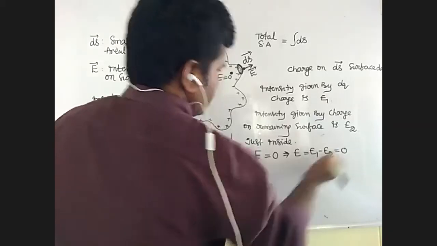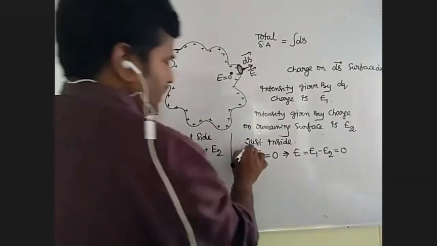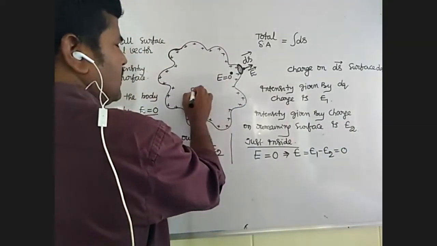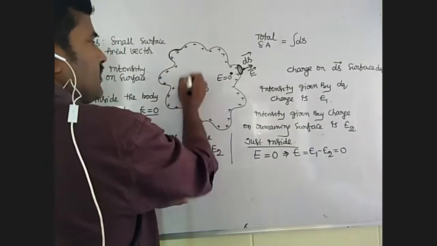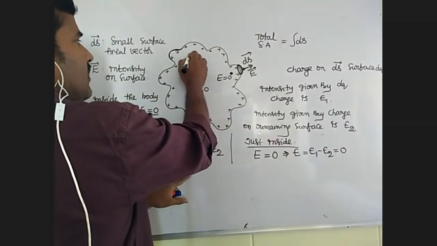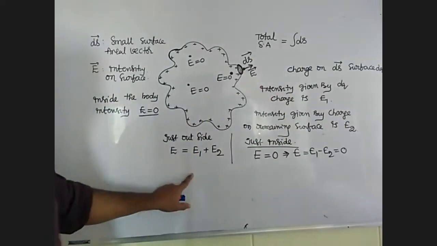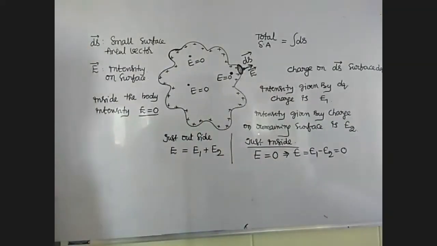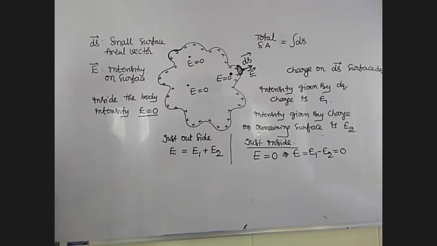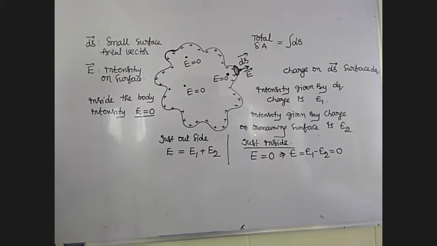Inside, everywhere, the intensity becomes 0. Outside the intensity is E1 plus E2, but inside it is E1 minus E2, so the inside intensity becomes 0.